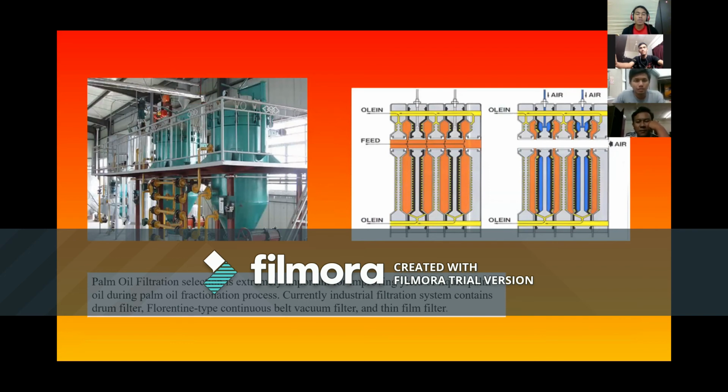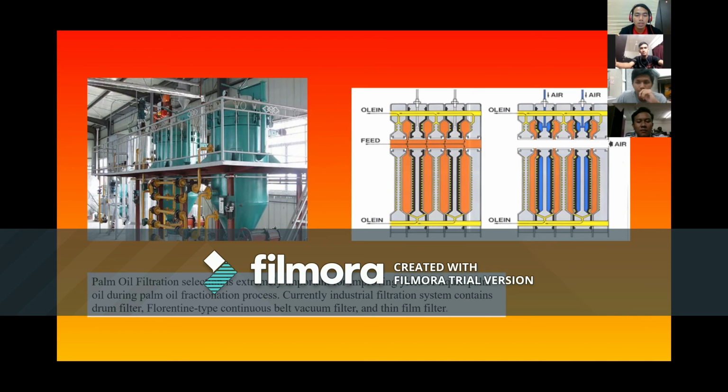The palm oil filtration is the most important thing in the dry fractionation process because it is important for improving the yield of the liquid palm oil during the palm oil fractionation process. Currently, filtration equipment includes the drum filter, Florentine type continuous belt vacuum filter, and thin film filter.